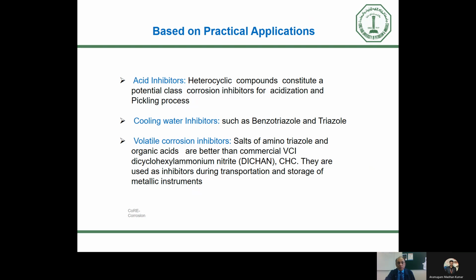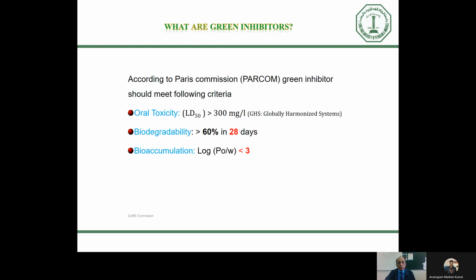Acid inhibitors are mostly used in the oil and gas industry and pickling of steel, and some inhibitors, like benzotriazole, are used in cooling water systems. Another kind is volatile corrosion inhibitors. These are also very important, and they are used during transportation and storage of metallic instruments.